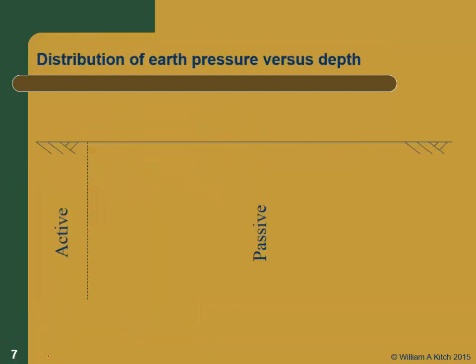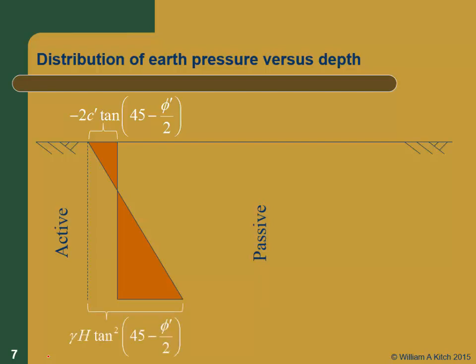So now let's go on. So the active case, at the ground surface, I have minus 2c times tan squared of 45 plus phi over 2, or 1 minus sine phi over 1 plus sine phi. And I increase at the rate of, the slope of this line is going to be Ka.